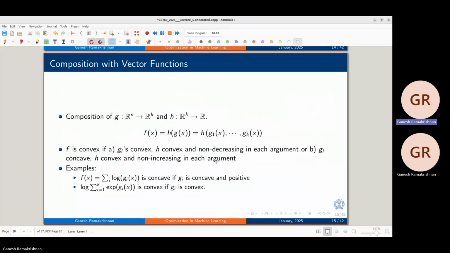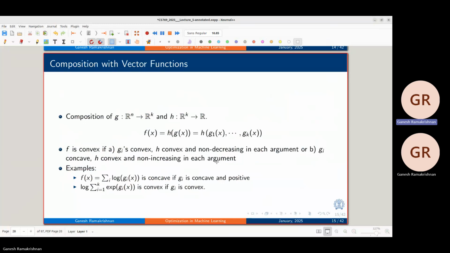So the g_i are convex, and h is convex and non-decreasing in each argument.